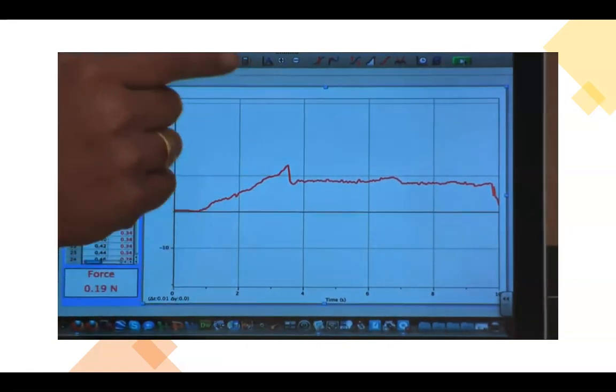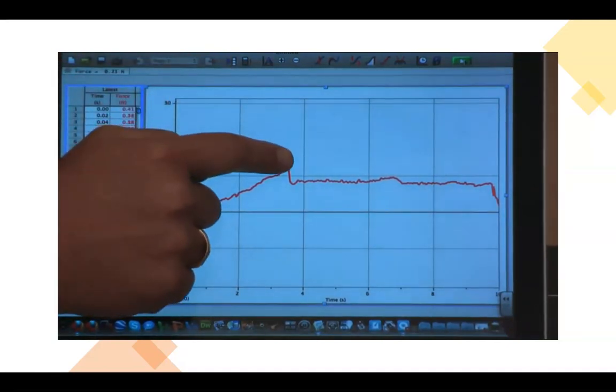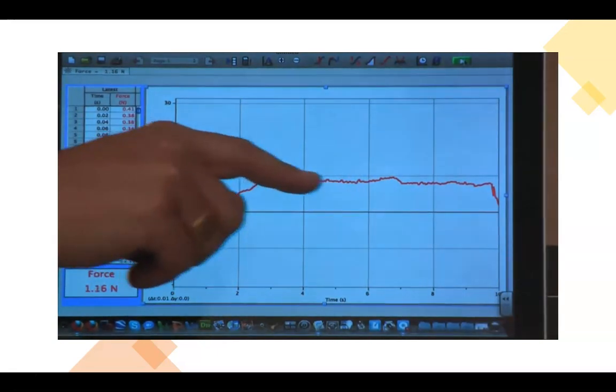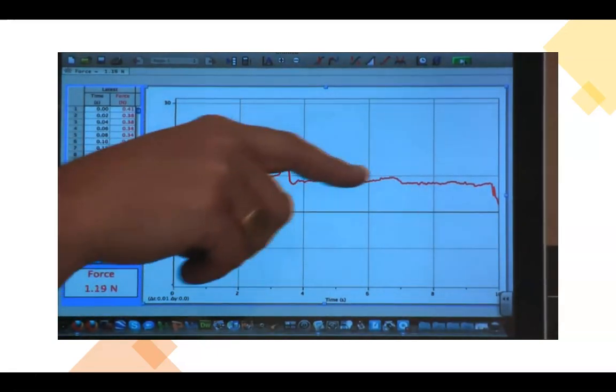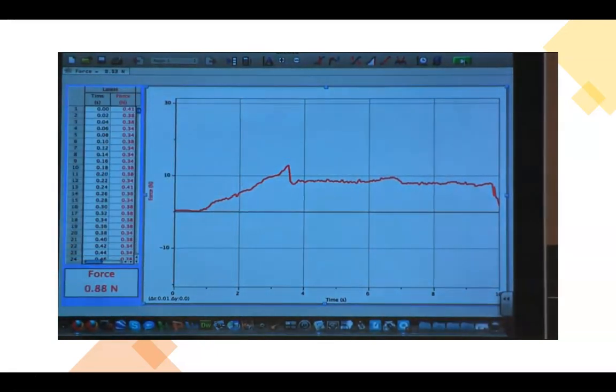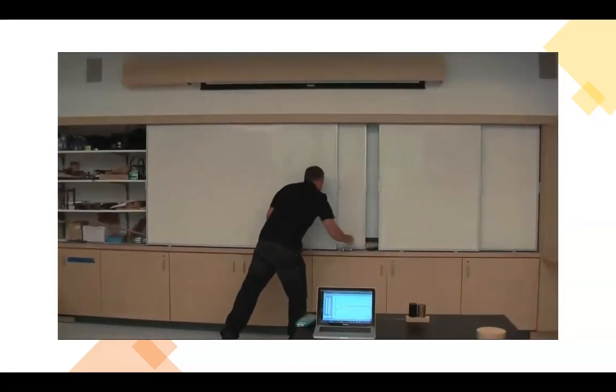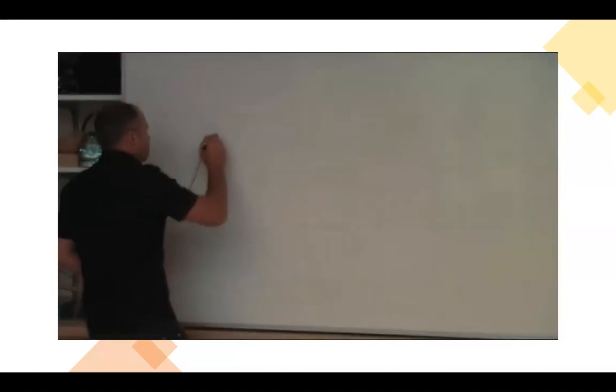See the tip of that peak, that's the maximum value of static friction, and then the block starts moving. And this is all kinetic friction. Notice that the kinetic frictional force is smaller than the static frictional force. That's always the case. Let's go to the whiteboard and take a look at this. So here's the graph that we just made by pulling that block.